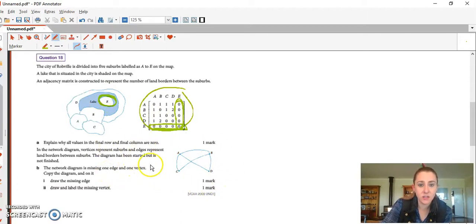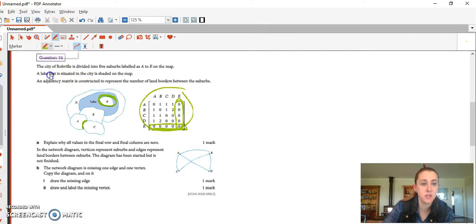So it's got a network diagram, and the vertices are all represented there, and the edges represent land borders between the suburbs, so A and C. As you can see, it's that connection there. As well, we've got AB.